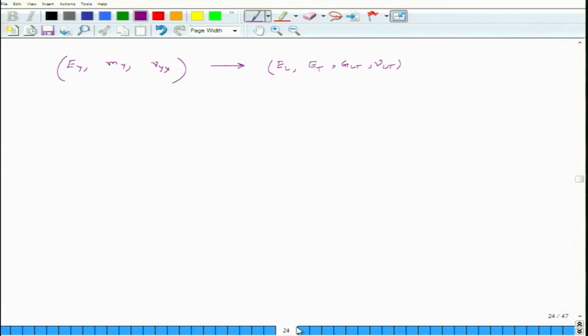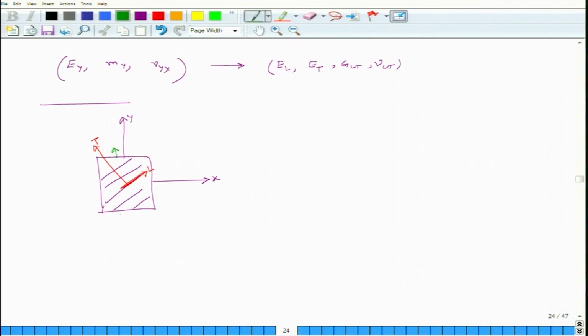Okay. So here we have this material, and this is my x direction, this is the L direction, this is my transverse direction, and this is my y direction. And instead of loading this sample in the x direction, I applied a pure tensile load in the y direction.